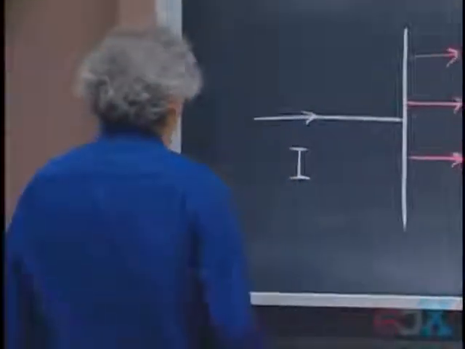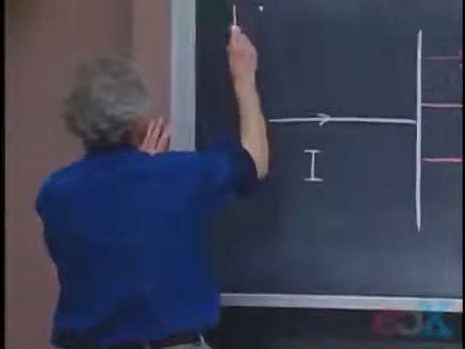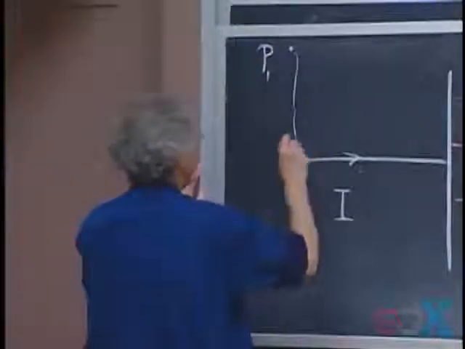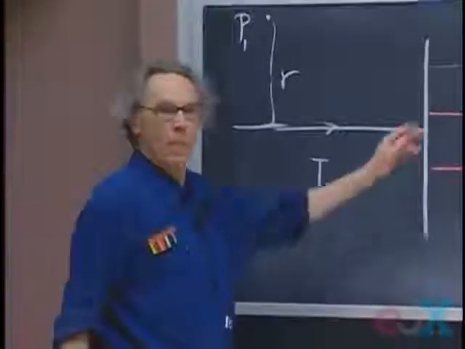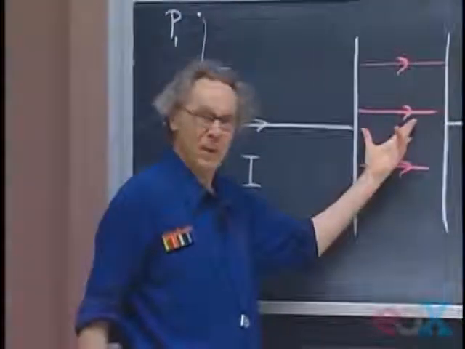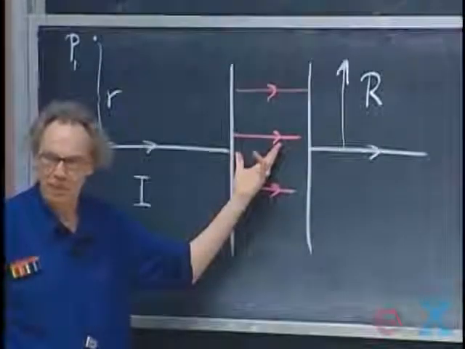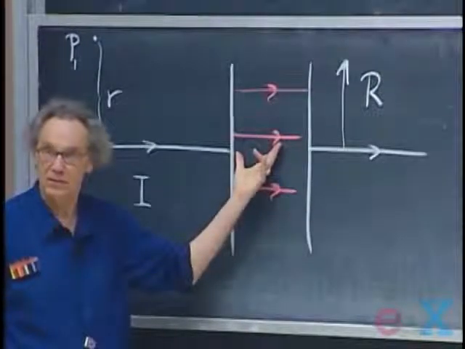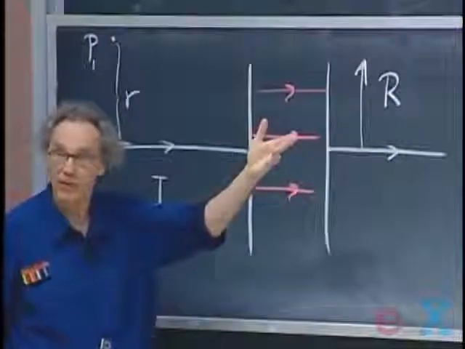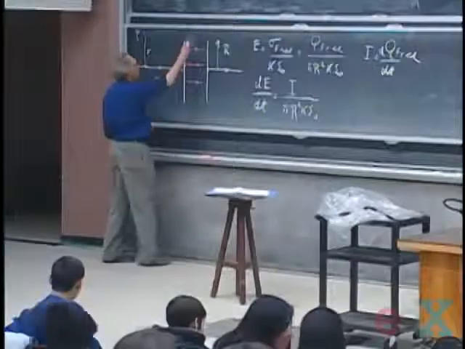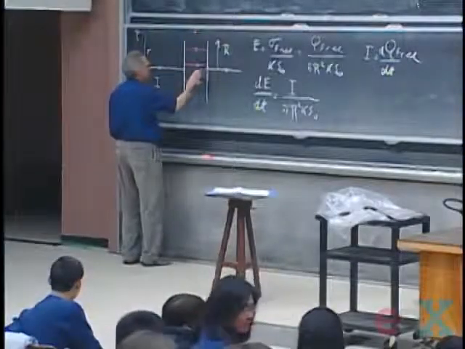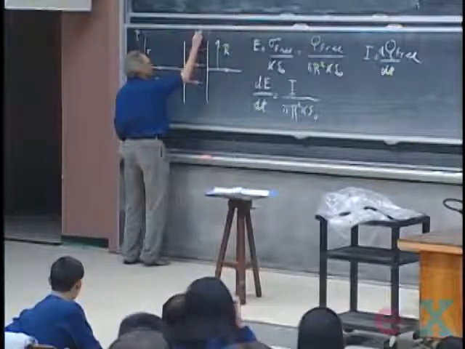So how does this affect the magnetic field? Well, if I take here a point P1 at a distance little r from the wire, if you're far away from this capacitor, it's hard to believe that Ampere's law would not give the right answer. And we'll apply that very shortly, Ampere's law. It's on the blackboard there. Suppose you are at the same distance from this line here at point P2.